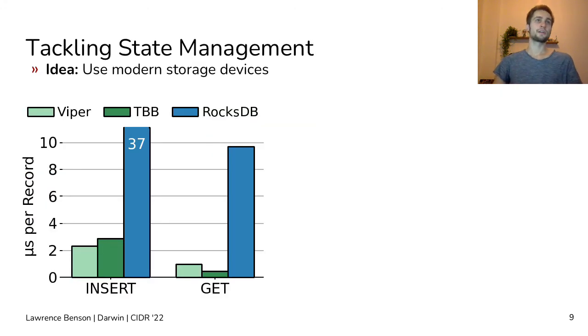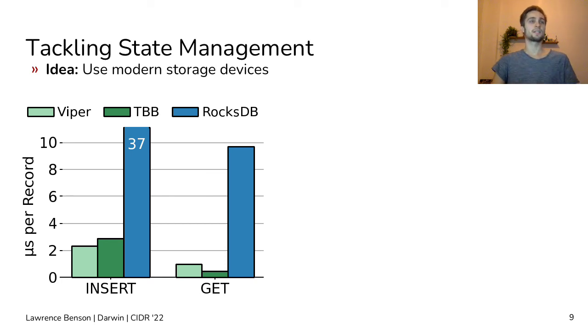Another issue we want to look at is tackling state management. For this, we propose using modern storage devices. As I mentioned before, scale-up systems often perform computations only in memory, and data is lost. This is represented here by TBB, which is a concurrent in-memory hash map used in some recent scale-up systems. RocksDB, on the other hand, is a persistent key-value store used, for example, in Apache Flink.